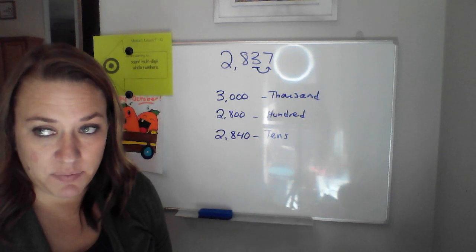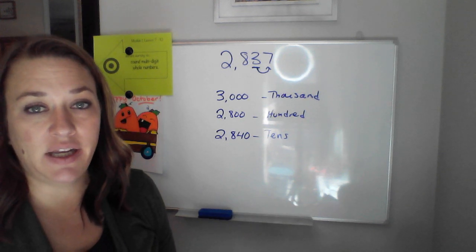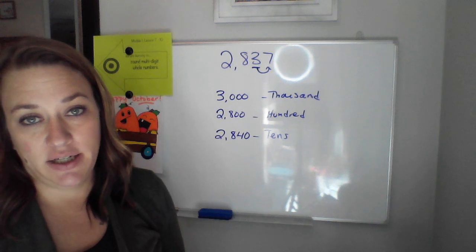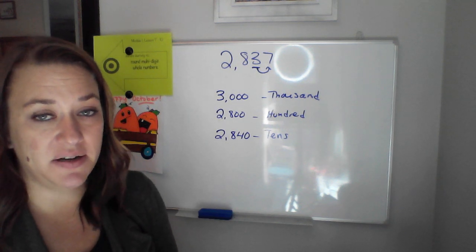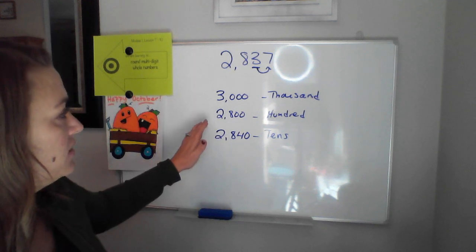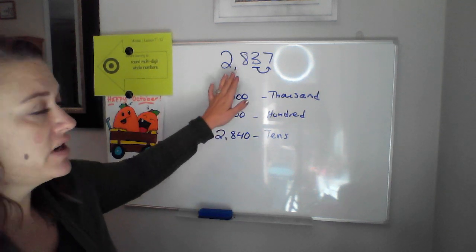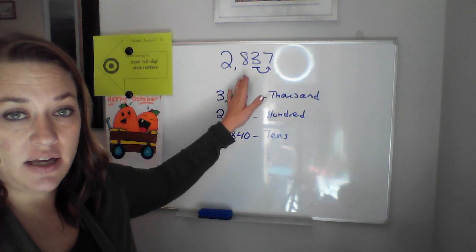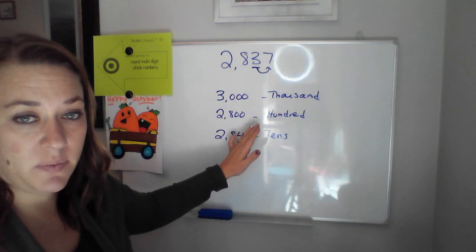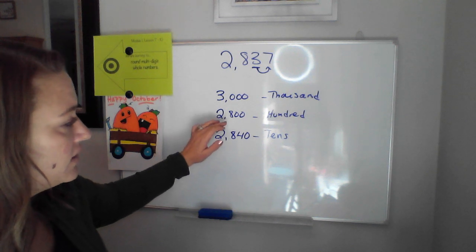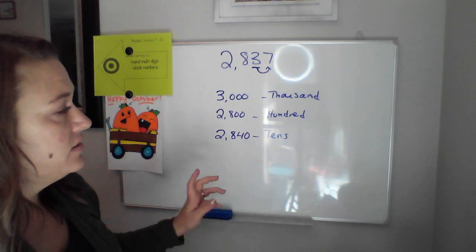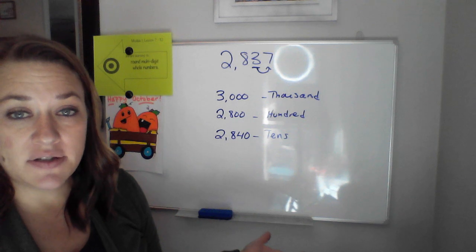Think about school buildings. Are they going to need an extra 100-plus chairs? Probably not, right? If we round to our nearest 100, we're not going to have enough. We need 2,837. When we round to our nearest 100, that was 2,800. So that wouldn't cover the students.